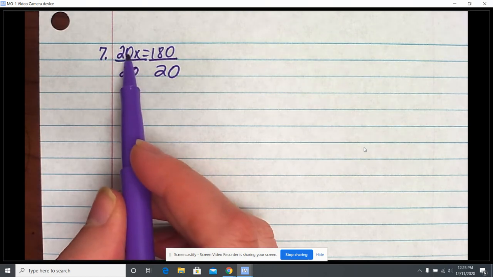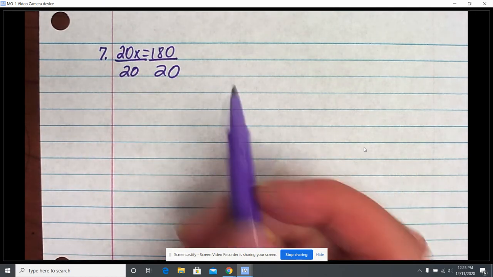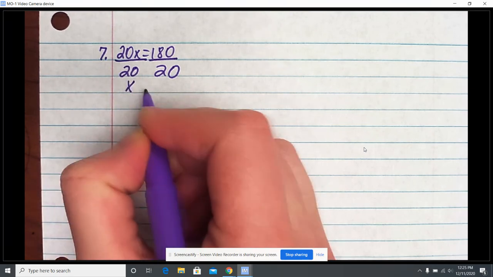So when I take 20 divided by 20, that just gives me 1. Those pretty much cancel out, but it gives 1. 1x is the same as x equals. And I'm going to take 180 divided by 20. I know a lot of y'all are probably going to use a calculator for this. If you work it out on paper, that's fine too.